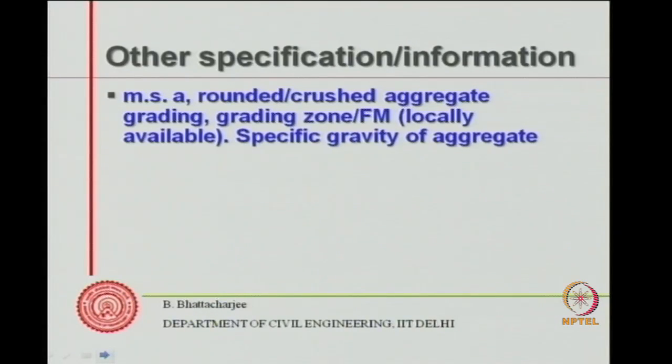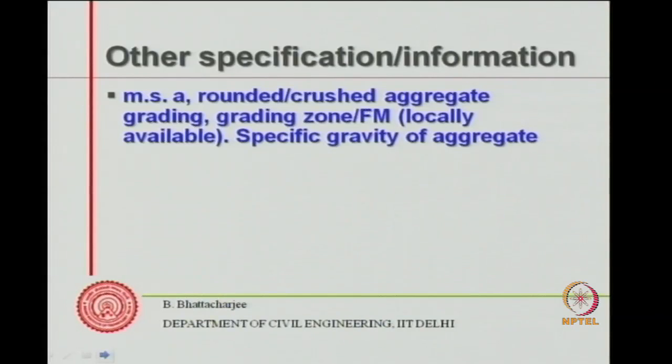A high strength concrete may be relatively more easily designed with lower maximum size of aggregate compared to, let us say, a low strength concrete which can consume even the larger size aggregates. Okay, the reasons we will explain and we will understand sometime later on.